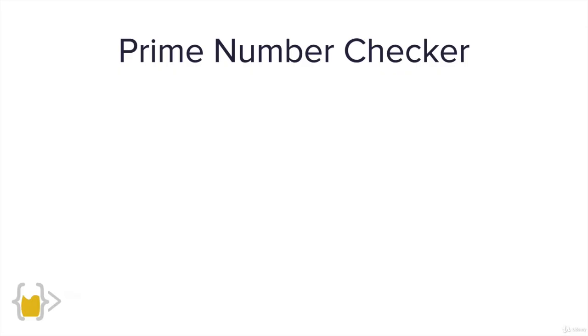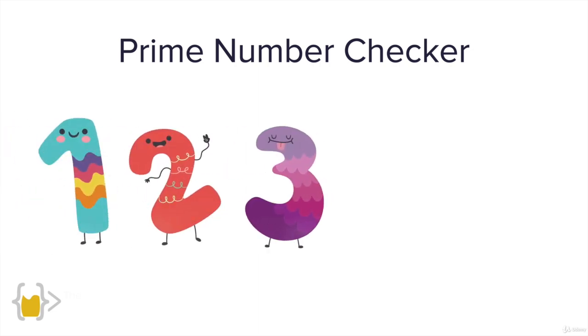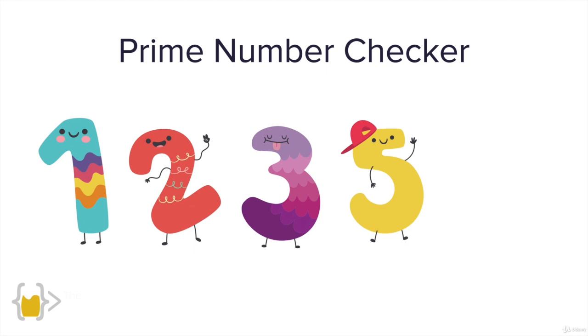All right, so in the next coding exercise, we're going to be building a prime number checker. And a prime number, just to remind you, is a number that is only divisible by 1 and itself. So, for example, 2 is a prime number because it can only be divided by 1 and 2. 3 is also a prime number.